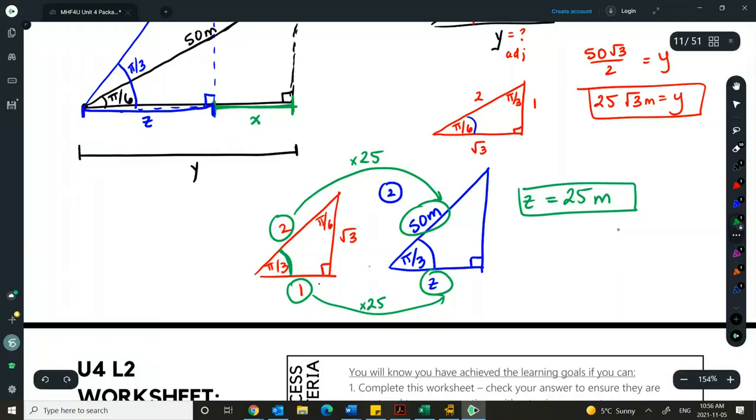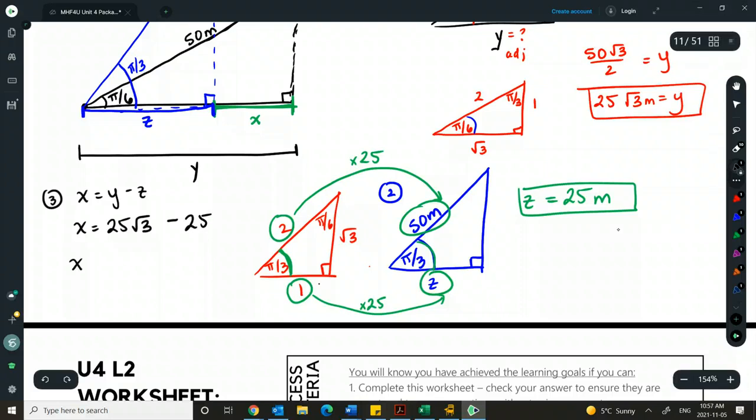Okay, notice that I put the pi over 3's in the same location so that I could see the correct sides that match up with the correct sides of our original triangle. So the last step here is we said that x was equal to y minus z. And we just found y and z to be 25 root 3 meters minus 25 meters.